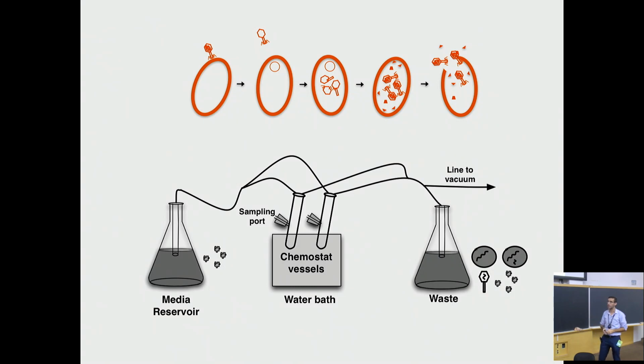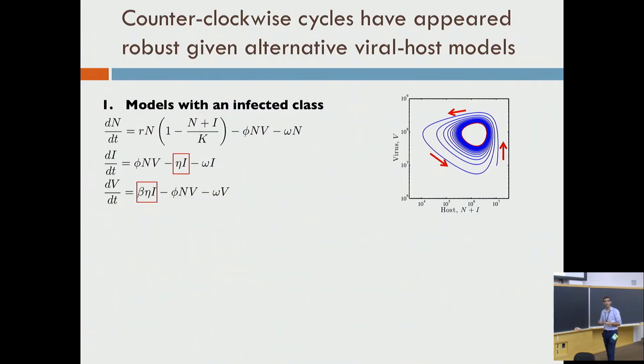So now let me just describe what a chemostat is, in which we have a media reservoir, where media is being put in, usually in these cases, let's say a single carbon substrate, and then everything is taken out so that you can then measure both in the effluent or even what's coming out of your sample probe, the current status in terms of the density of resources, microbes, bacteria, and viruses.